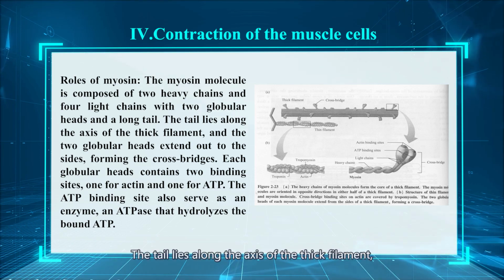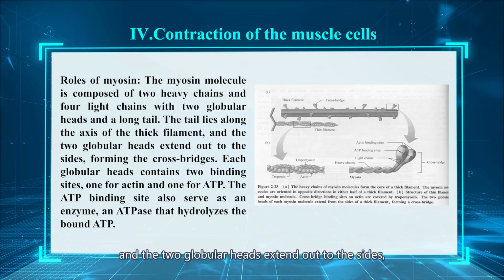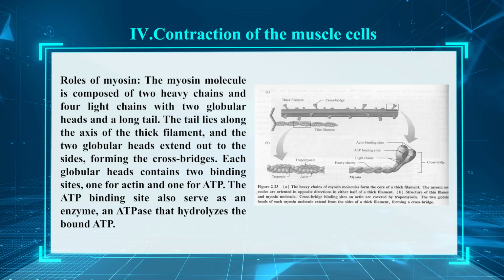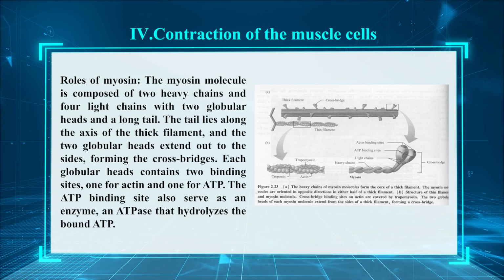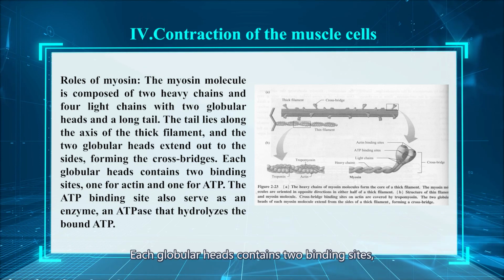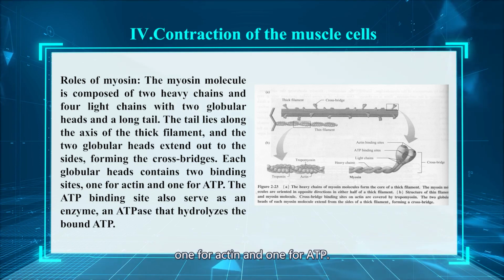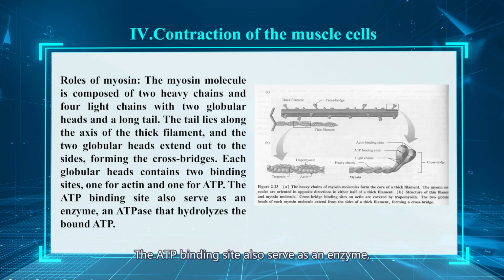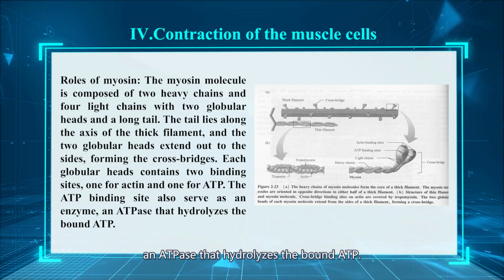The tail lies along the axis of the thick filament, and the 2 globular heads extend out to the sides, forming the cross bridges. Each globular head contains binding sites, one for actin and one for ATP. The ATP binding site also serves as an enzyme, ATPase, that hydrolyzes the bond of ATP.